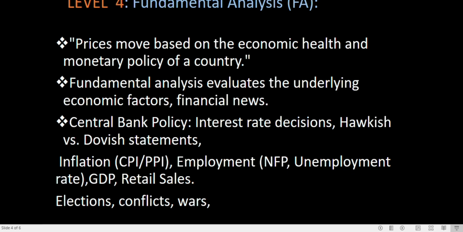This is trying to tell you that if a particular country's economy is in good health, in good condition, their currency will be strong. Their currency will be in a positive standard in the forex market.